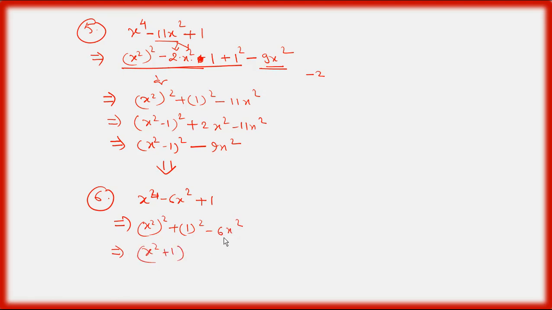So, x square plus 1 whole square minus 2, it becomes minus 8. So, we should not use plus sign here. Minus whole square plus 2x square, minus 6x square. You know the consequence. And then x square minus 1 whole square minus, sorry here minus sign, 4x square. Then you can go further.